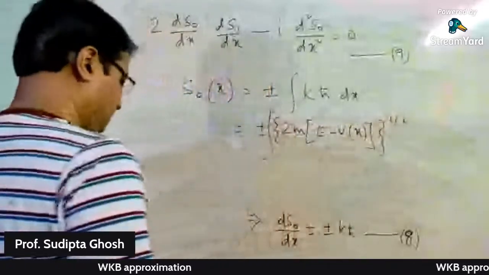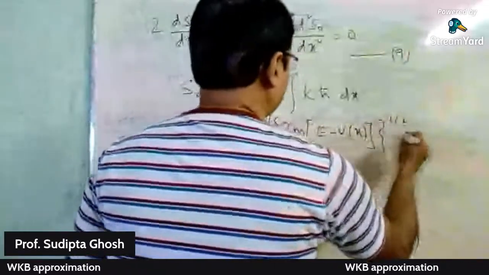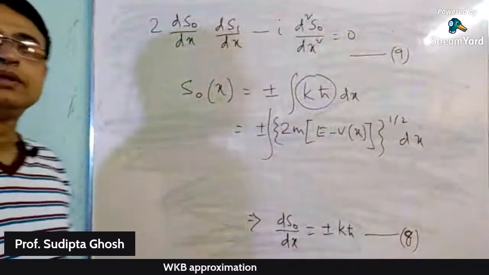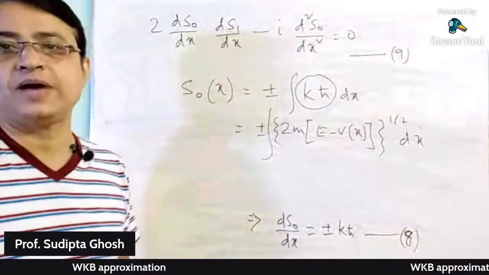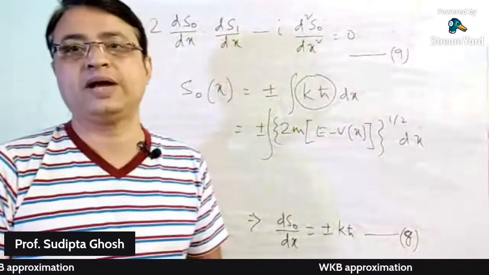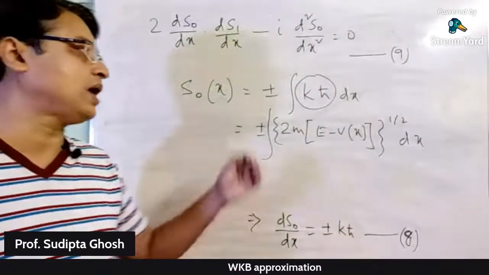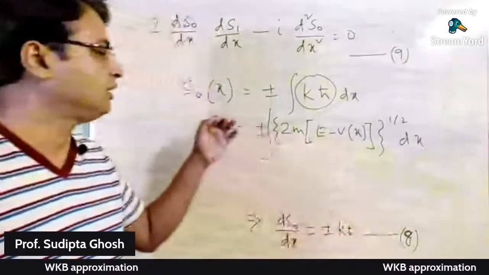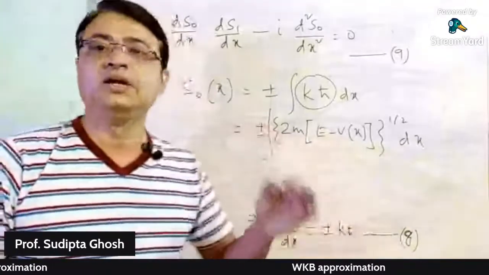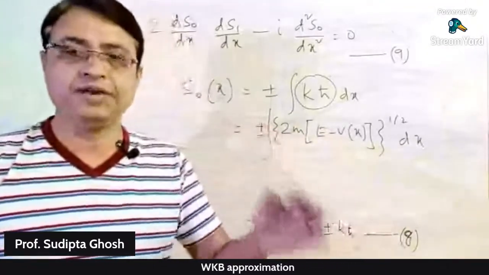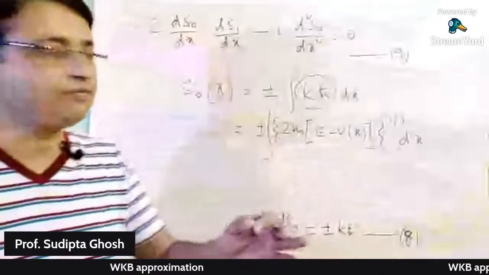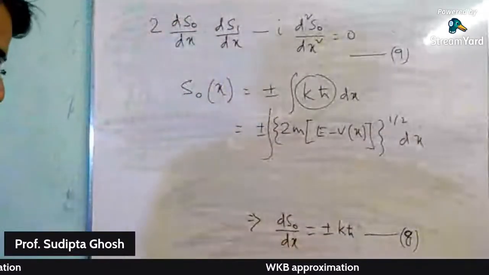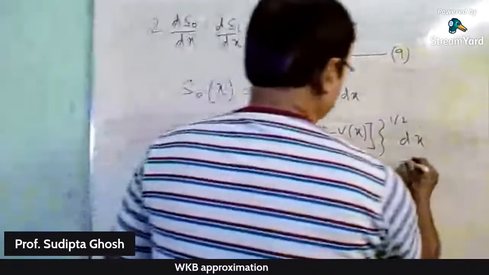I am putting the value of ħk: ħ²k² is 2m(E minus V(x)), so the value of ħk should be [2m(E minus V(x))] to the power half, and then the term dx here. So let it be equation 10.